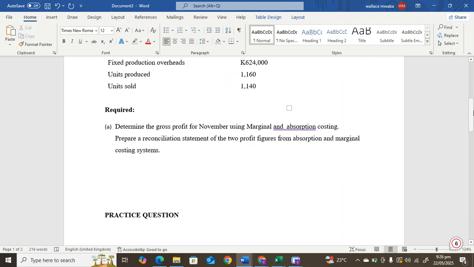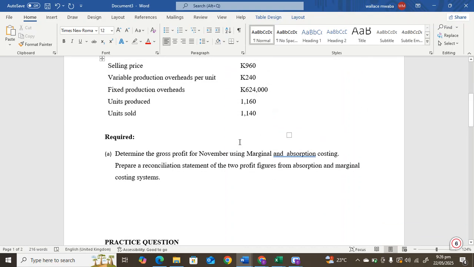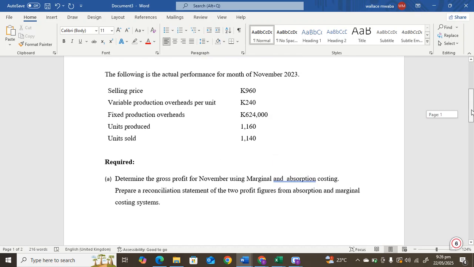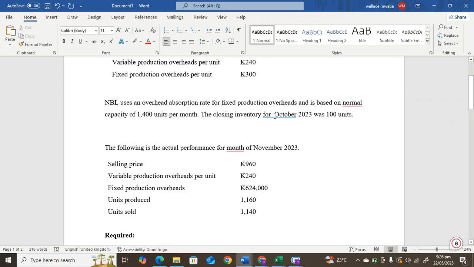So the first thing for this question before you do anything is you need to determine what is your opening inventory and closing inventory for the month actually. We are dealing with the month of November. So they told us our closing inventory for October 2023 was 100 units.